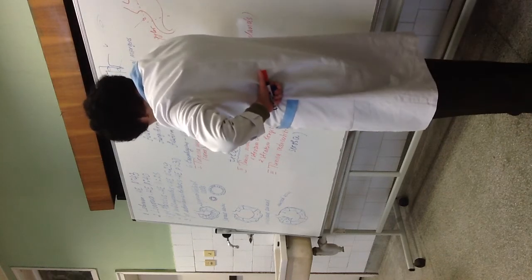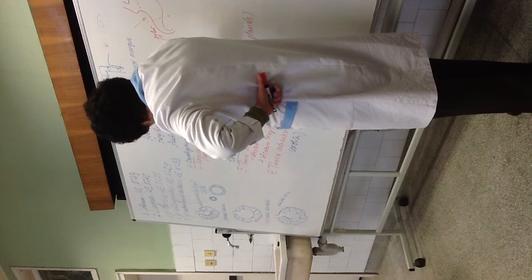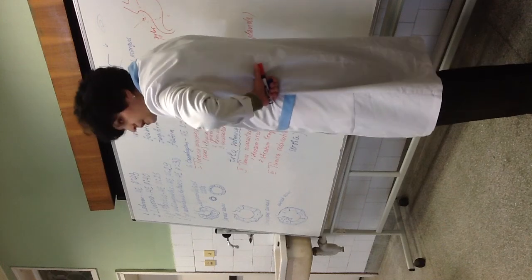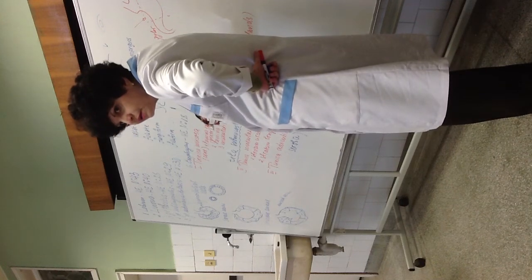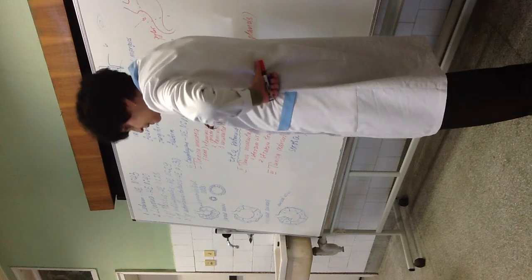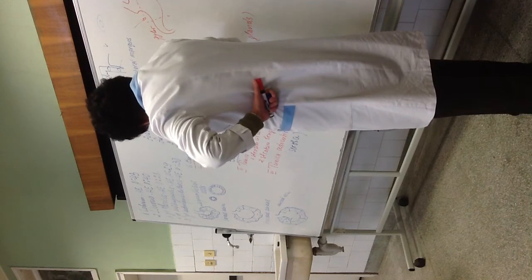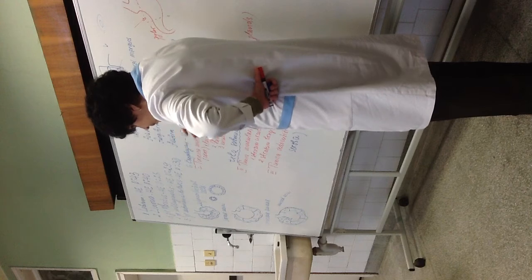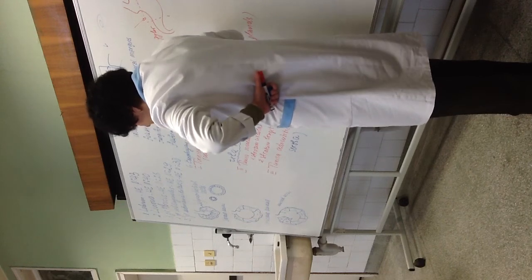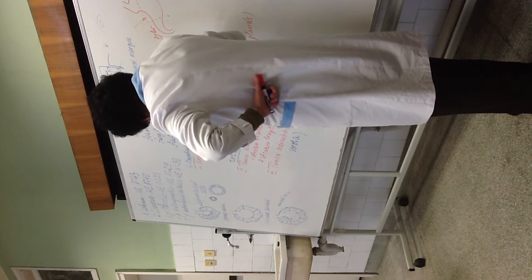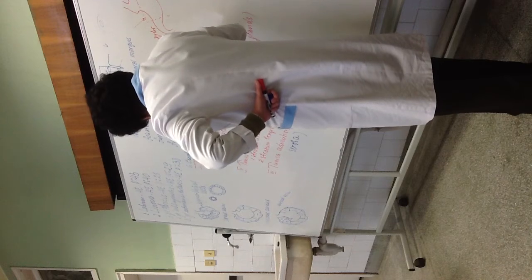And imagine the stomach. Once again, the epithelium of the stomach: simple columnar mucus secreting. Simple means one layer, one row of mucus secreting cells.